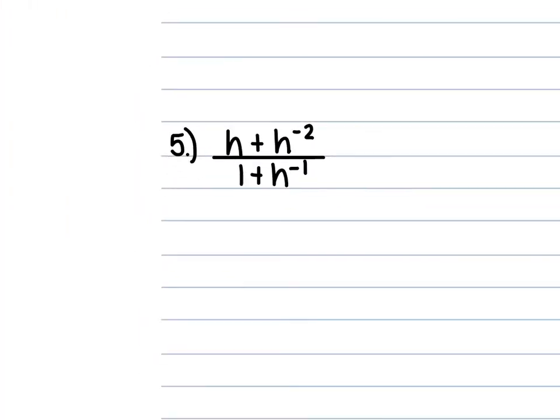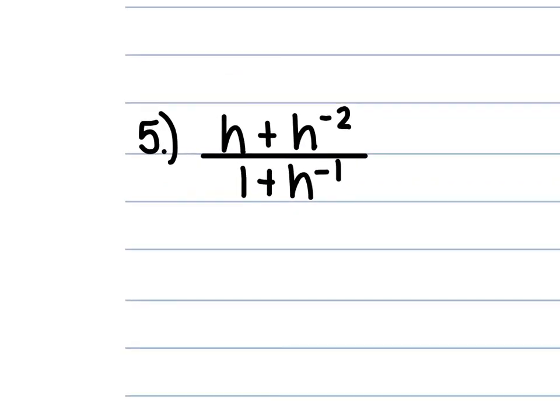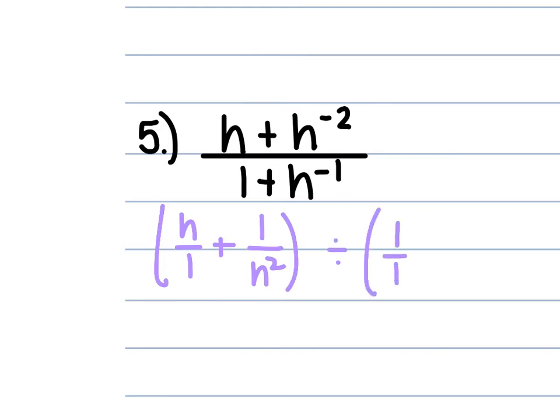For our next example, we have h plus h to the negative second, which is going to be the same as h over 1 plus 1 over h squared divided by 1 over 1 plus 1 over h, to make that negative 1 a positive 1. So from here, multiply the first fraction, the first side of parentheses, by h squared, top and bottom.